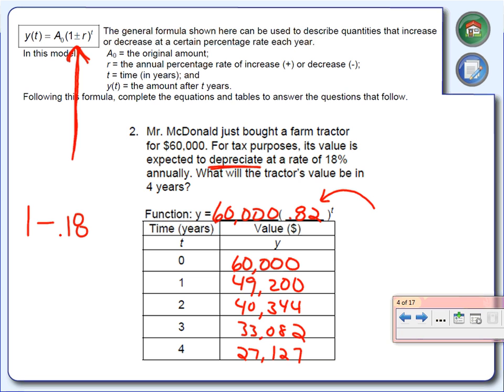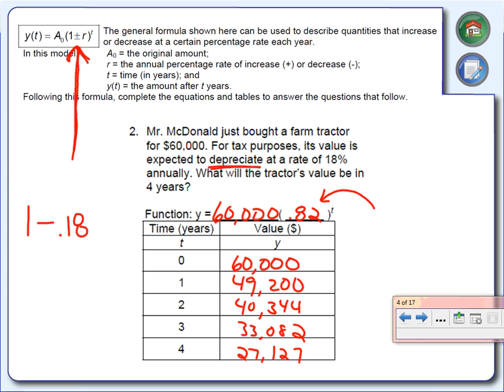What I want you to do is keep going down your table. Now, I don't want you to say anything out loud. I just want you to find this next one for me. I want you to find how many years is it going to take for the tractor to be worth 0. Get your calculator. Get your table. See if you can find how many years it is going to take for the tractor to be worth 0.